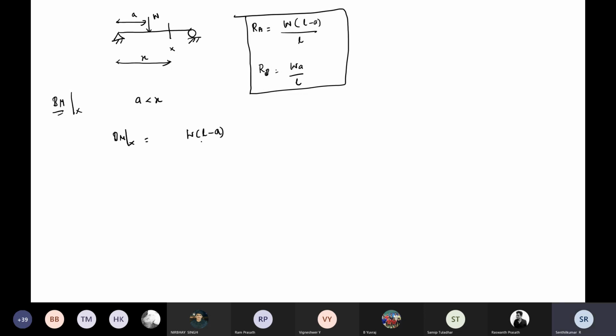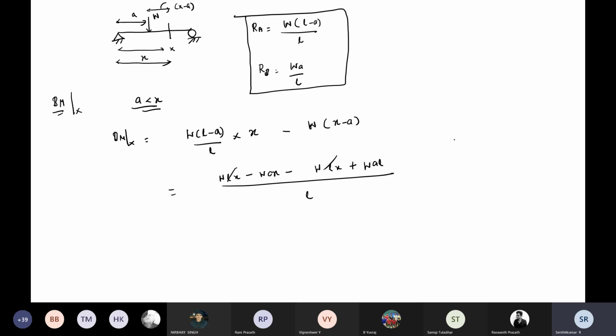It is W into L minus A by L, into X, then minus W into X minus A. So this distance will be X minus A. I'm just taking A less than X. So your value is WLX minus WAX minus WLX plus WAL. So this will be cancelled. So finally you will have WA into L minus X by L. So this is your bending moment at X.